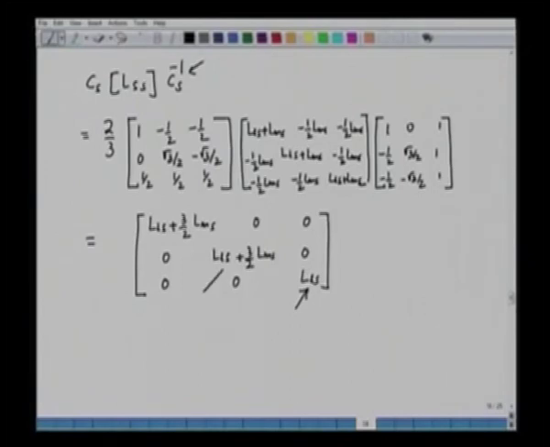This is the inductance of the q axis stator, so we can call this LQS, this is L0S, and this is the inductance of the d axis stator, that is LDS.